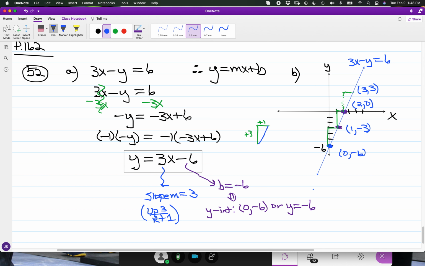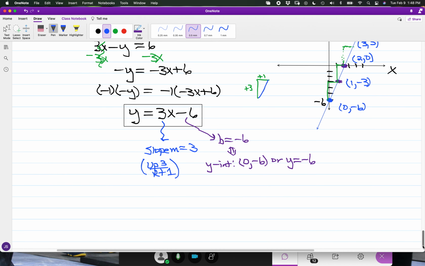Okay, and now for another case here, for the determination of the slope-intercept form, there'll be a little bit more of a modification.